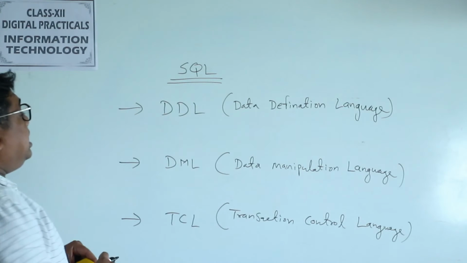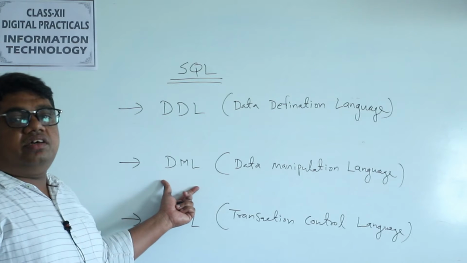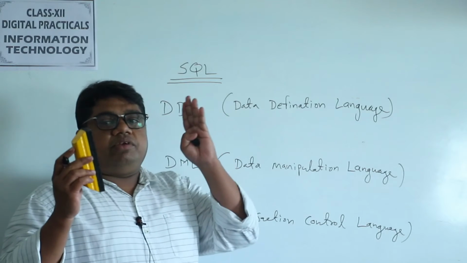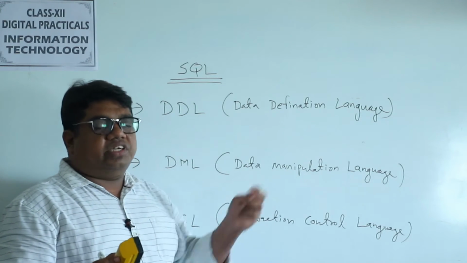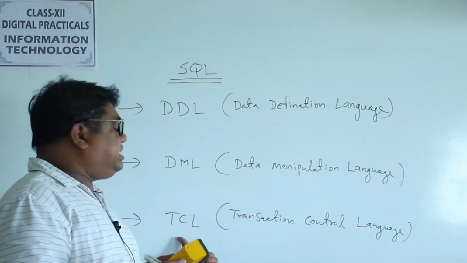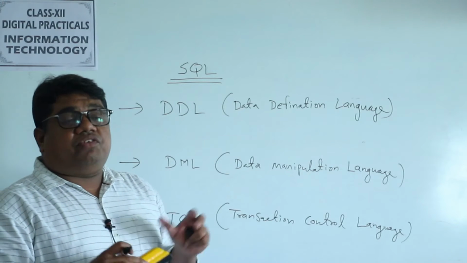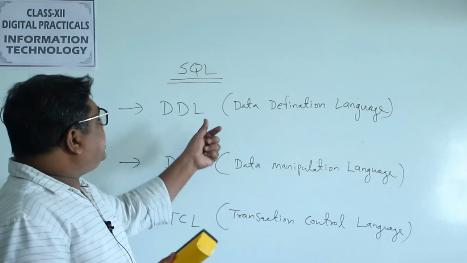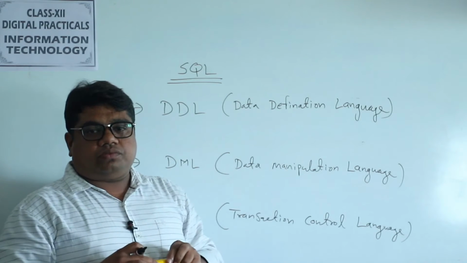And in your course, we will study DDL and DML. I told you that SQL statements are divided into three categories: data definition language, data manipulation language, and transaction control language. So what is DDL, and what are the statements associated with it? DDL is a language of SQL that defines the structure in which data is stored.